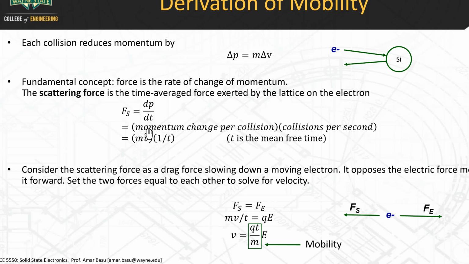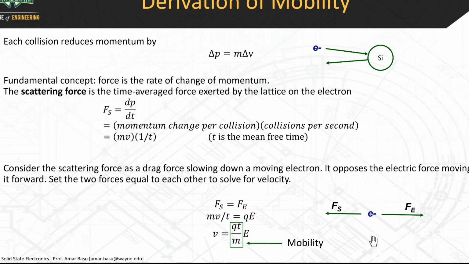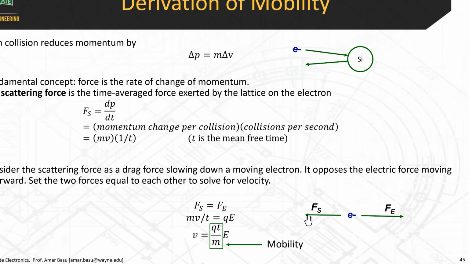Think about the electrons moving through this lattice. The collisions cause something on the order of a drag force. So you have the scattering force, like the drag force, slowing the electron down, and then you have the electric force, which is causing it to move in the forward direction.